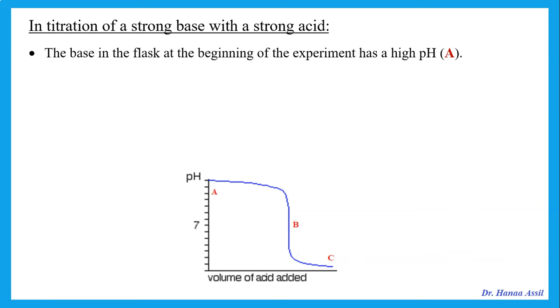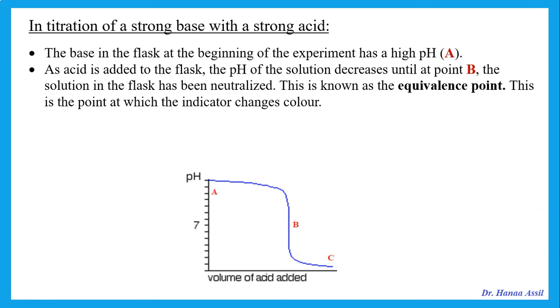So part A of the graph, this is where we're starting. We have a base in the flask, so the pH is high. And then as we add acid, the pH decreases until we reach a point B where there is a very fast decrease in pH. This is called the equivalence point.